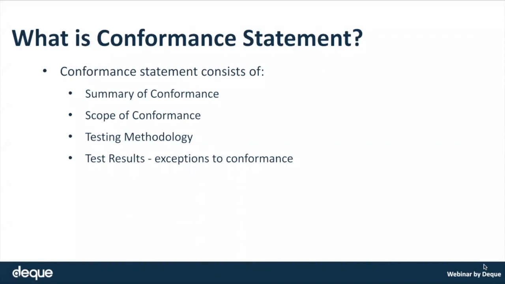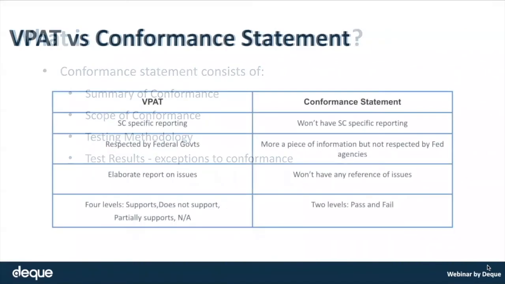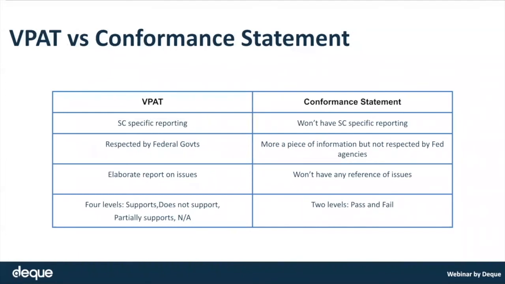We just give a summary of the list of pages which are passing and which are failing. So that would be a simple conformance statement. Again, just to briefly give you the differences between a VPAT and a conformance statement.